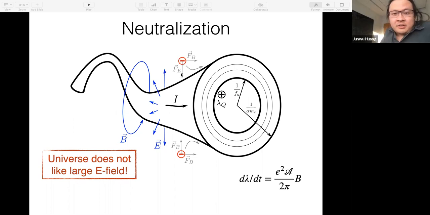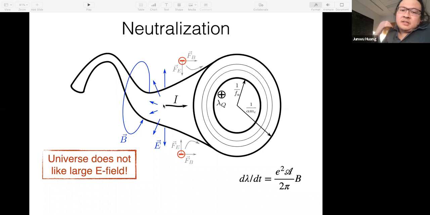The negative charge particles will be accelerated by the electric field, and as they move towards the string, they're also going to feel the magnetic field, so they move along the string as well, in the same direction as the positive charge is moving on the string core. Right?